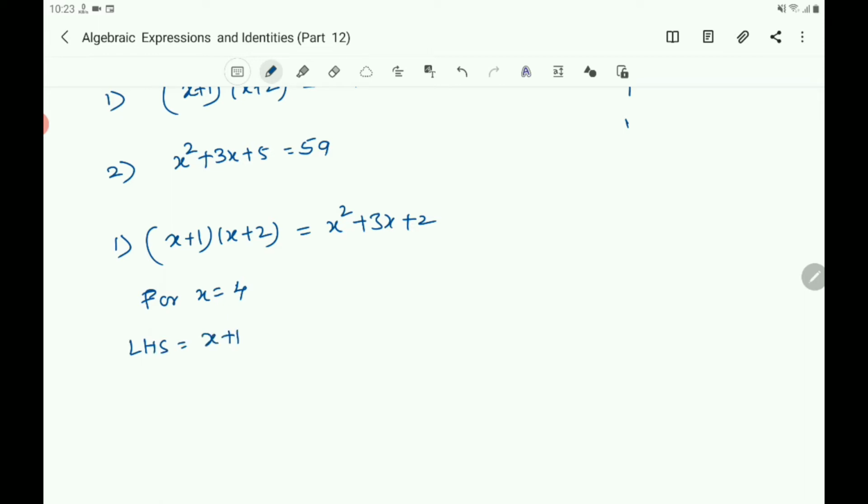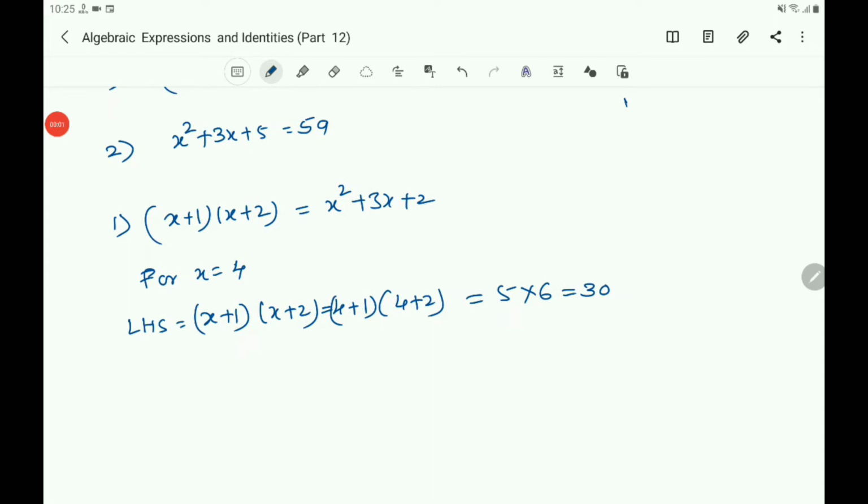LHS equals (x plus 1) into (x plus 2). So in the place of x you put 4. Then it becomes (4 plus 1) into (4 plus 2). 4 plus 1 is 5, 4 plus 2 is 6, 5 into 6 equals 30. Now you take the RHS. What is that expression? x square plus 3x plus 2.